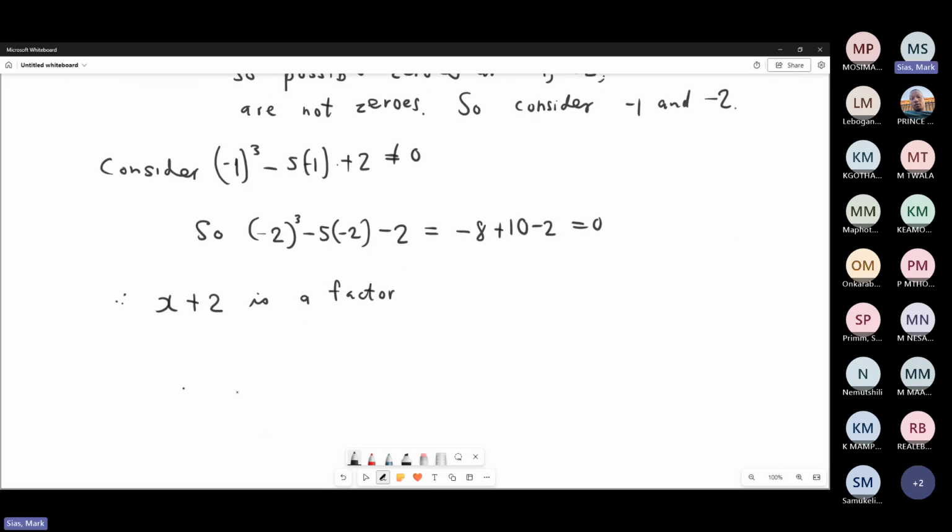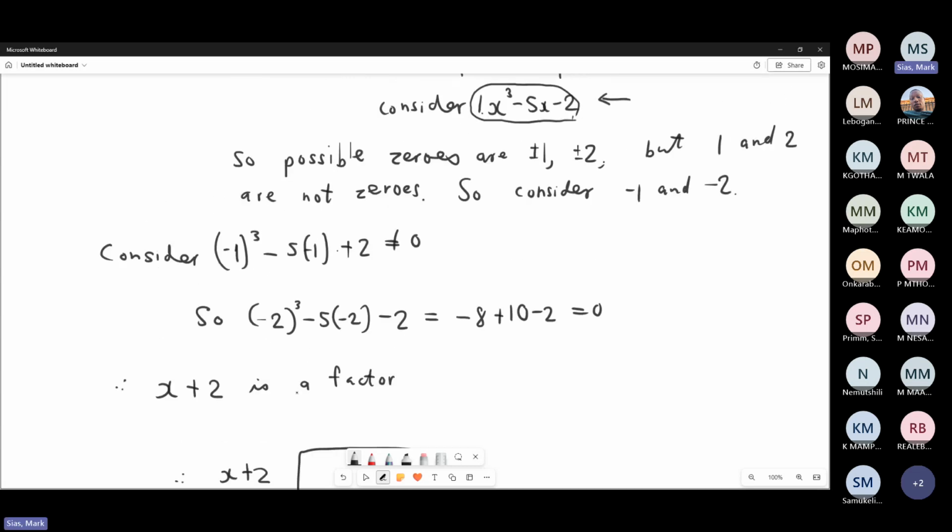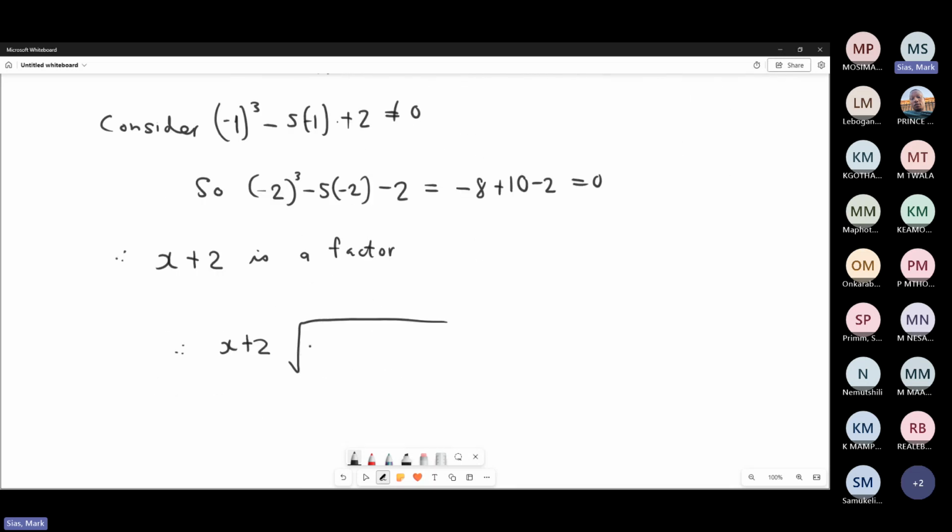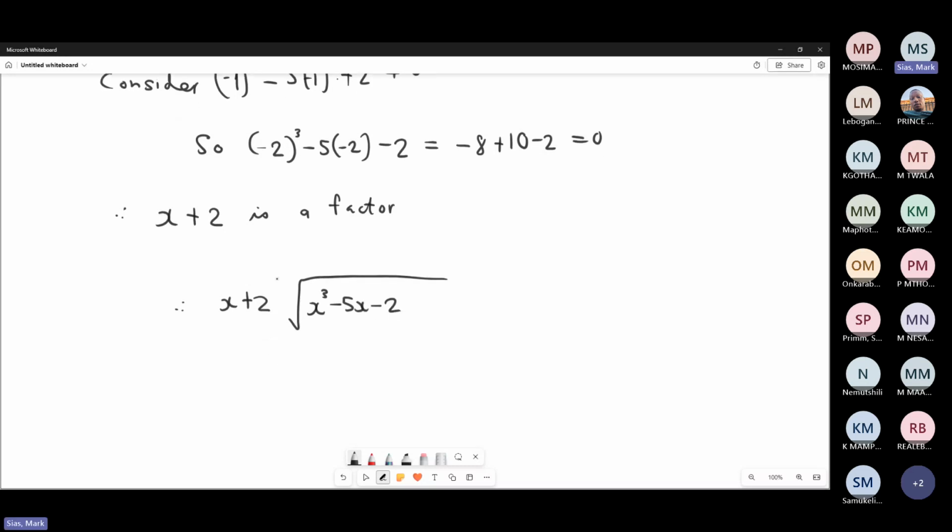So we divide it into there. x goes into x cubed, x squared times. And then we multiply x plus 2 by x squared, which yields x cubed plus 2x squared.